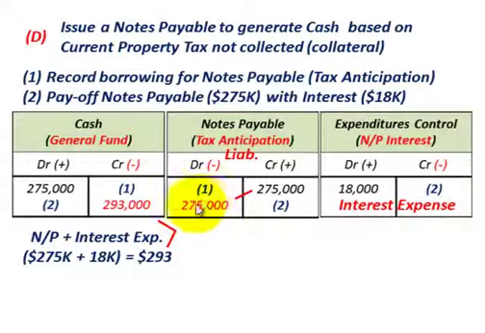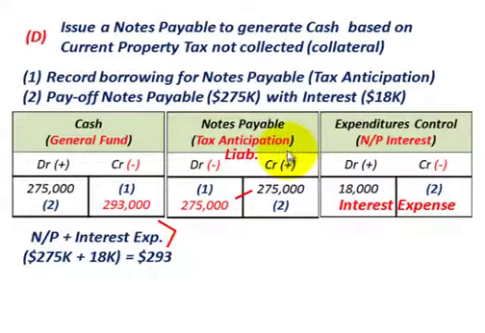The notes payable amount of $275,000 plus the $18,000 worth of interest expense would equal the $293,000. So the balance would have to go into expenditures control for the notes payable interest. You would debit that for $18,000 for the interest expense.